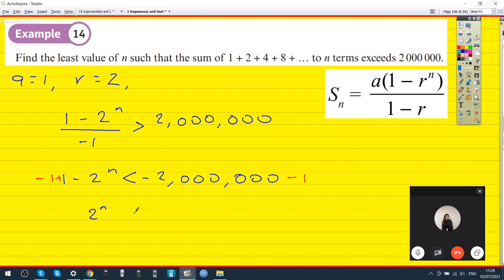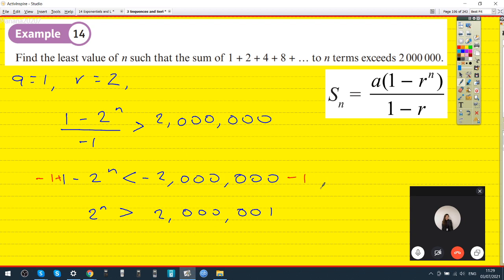Yeah, this 2 to the n is greater than positive 2,000,001, because that was negative and we subtracted 1, so it adds 1. Yep.